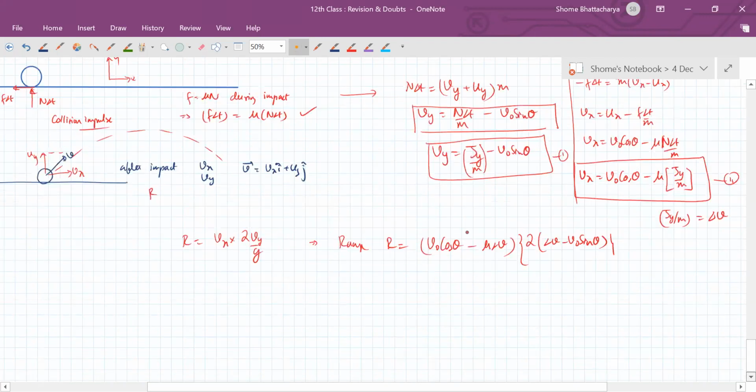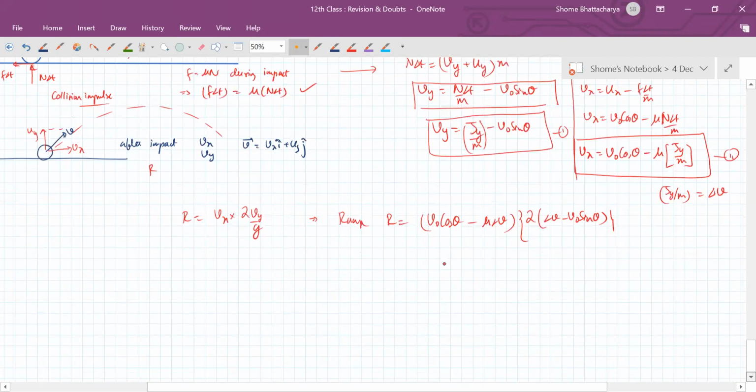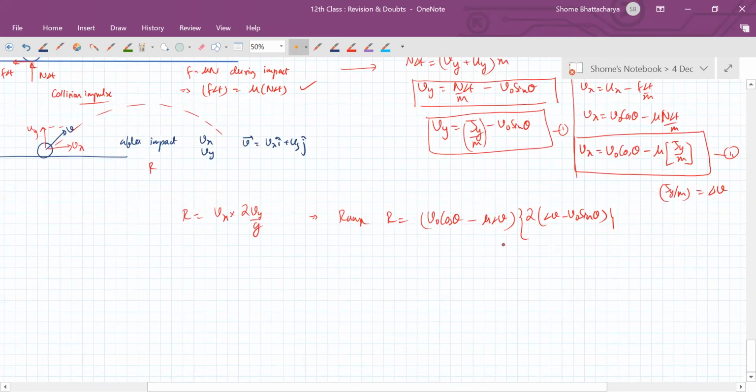So this range is a function of theta, and we can find the maxima of that function by putting the derivative with respect to theta as 0.